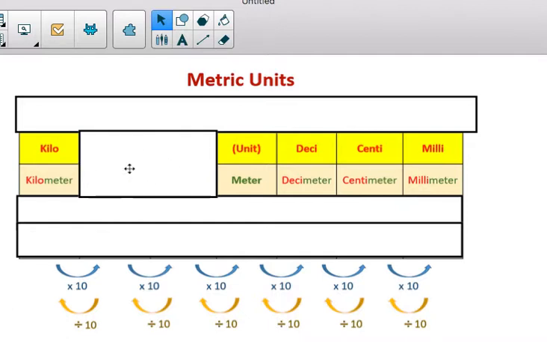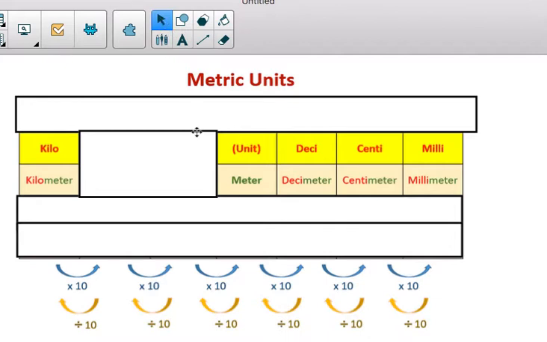Now, the one I didn't talk about before is when you multiply by 1,000. So once again, I can show you the others, but we very rarely use them. In my life, I never heard about them. But we use the kilo very often. So 1,000 meters would be a kilometer.